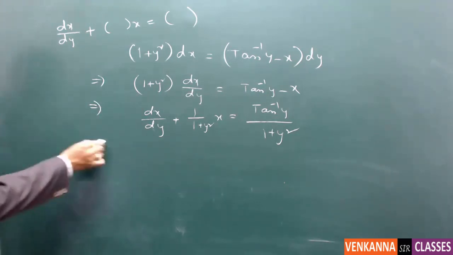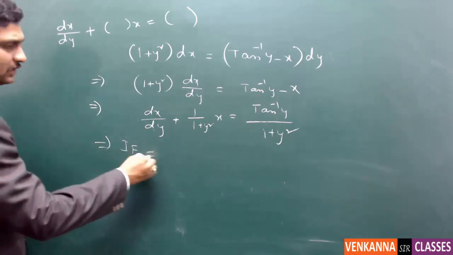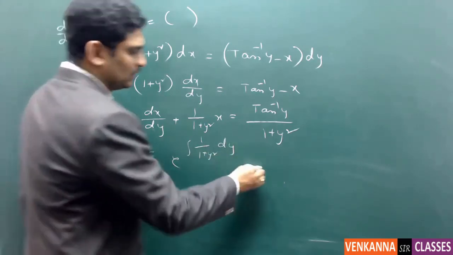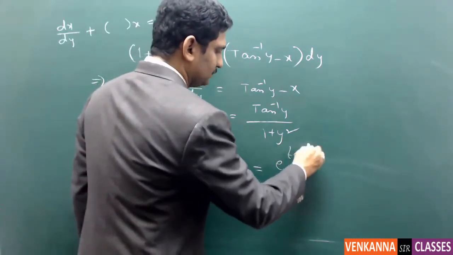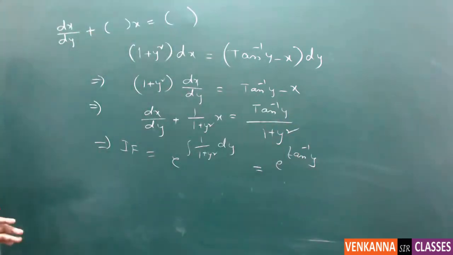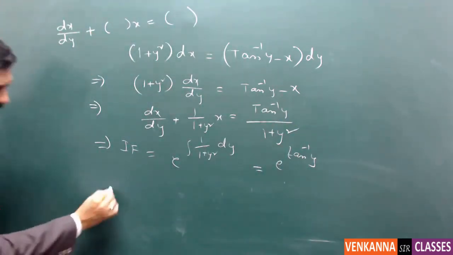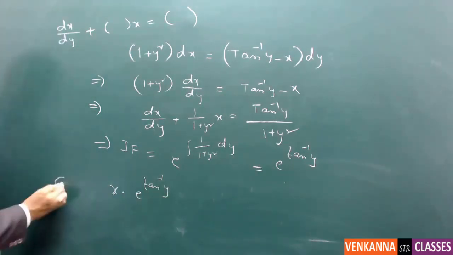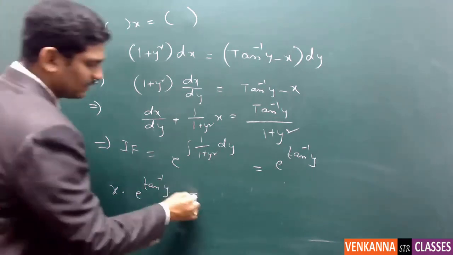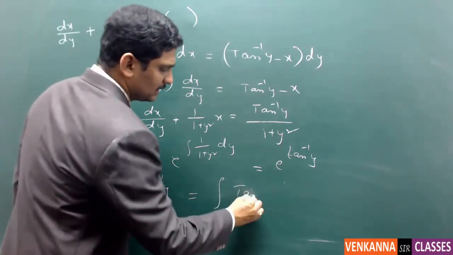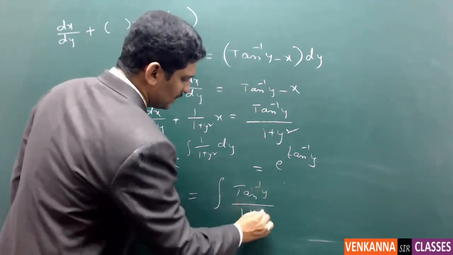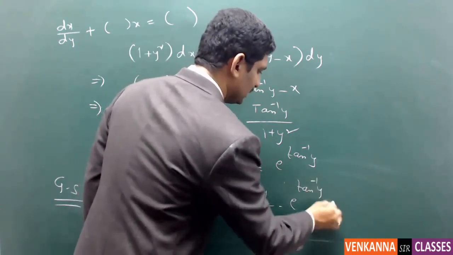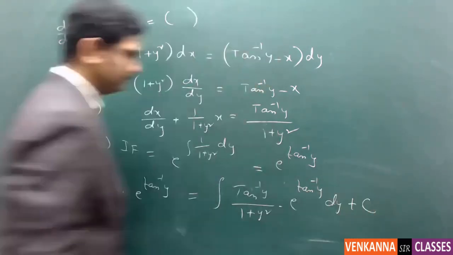Fine. So if you go for the integrating factor, e power integral 1 by 1 plus y square dy, so e power tan inverse y. As per the general solution formula, x into integrating factor is equal to integral of q, that is tan inverse y by 1 plus y square into e power tan inverse y dy plus c.